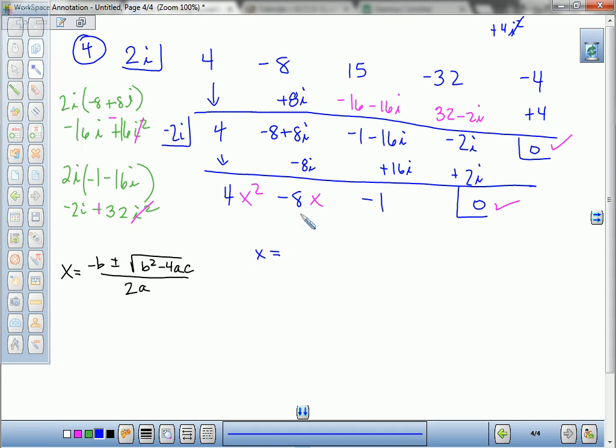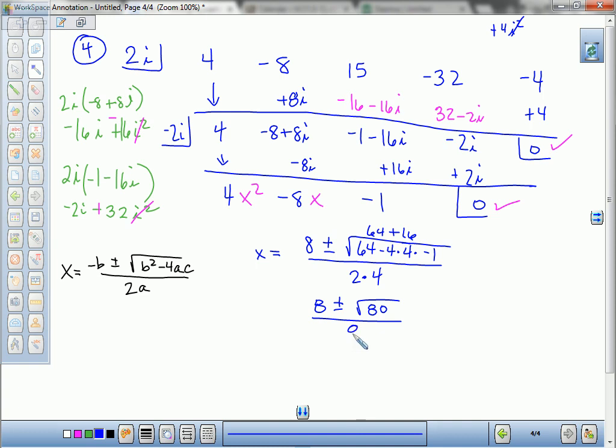So, negative b, positive 8, plus or minus 8 squared is 64 minus 4 times 4 times negative 1, all over 2 times 4. This is where you're probably thankful for calculators. This is 64 plus 16, which is 80. So this is 8 plus or minus the square root of 80 over 8.